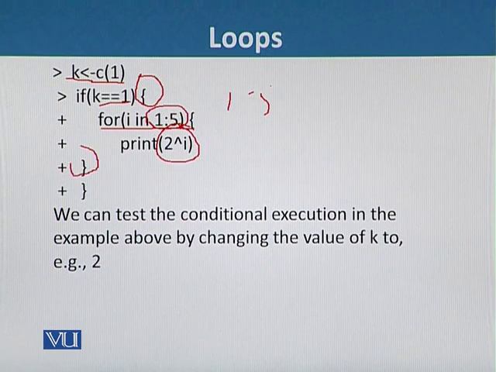Then the curly bracket closes for the for loop, and this is the curly bracket for the if loop. If k is not equal to 1, then the if loop will not proceed further, and it will stop here.